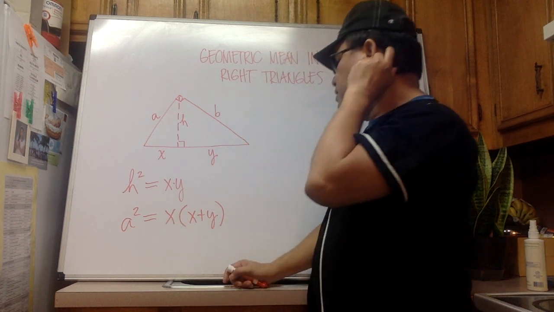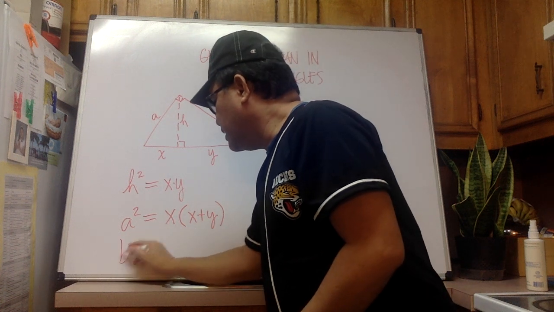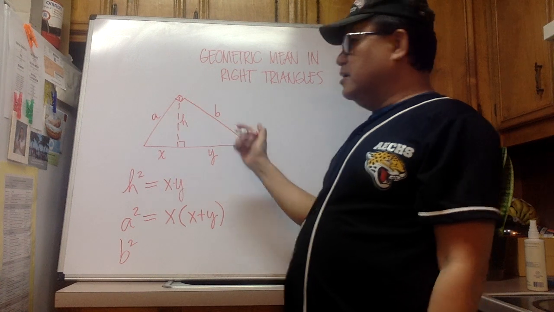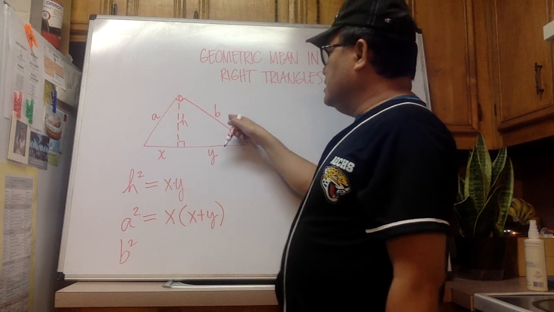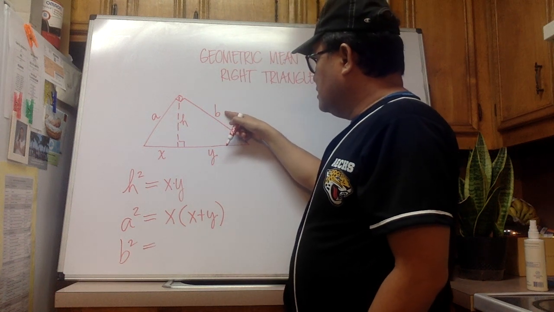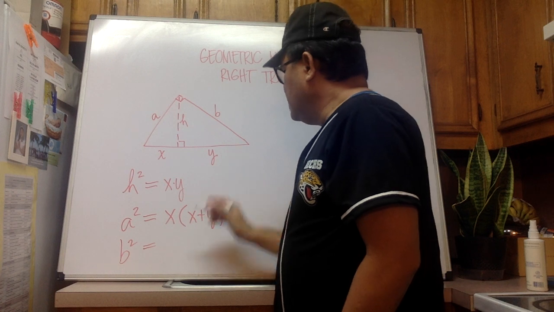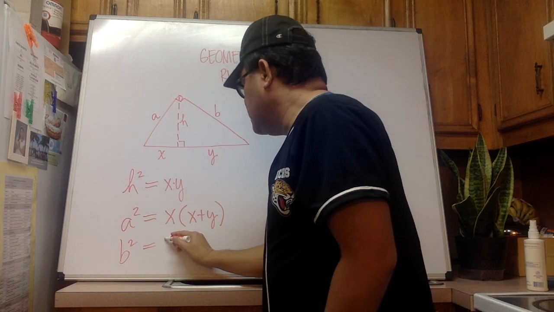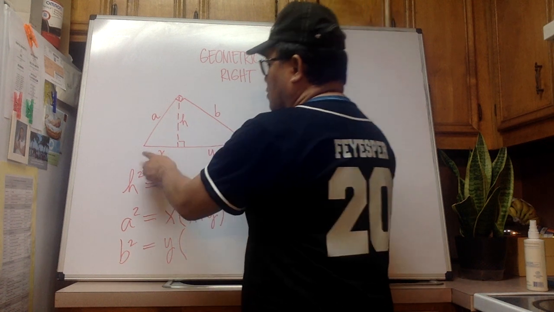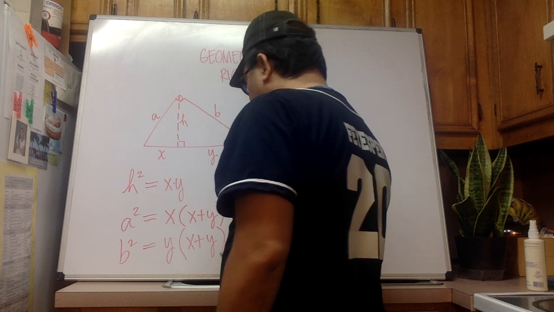It's understandable anyway. Similarly, if I square B, remember A and B are both legs, and if I square this leg, that will be equivalent to the adjacent short side of the hypotenuse, which is your y, multiplied by the whole hypotenuse, which is x plus y.